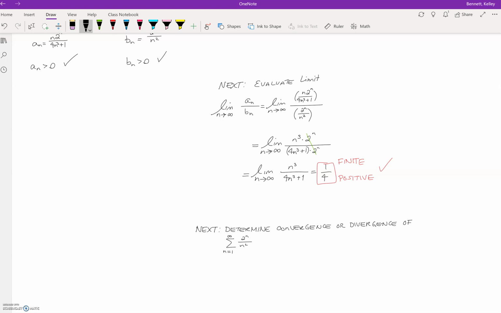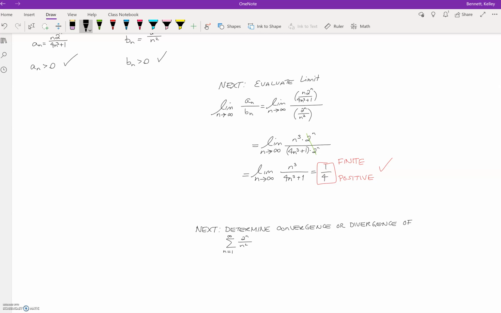So you kind of just have to go back into your toolkit and see what fits. For me, what makes sense here is that I know that exponential growth, which is what we're seeing in the numerator, always outpaces polynomial growth, which is what we're seeing in the denominator.